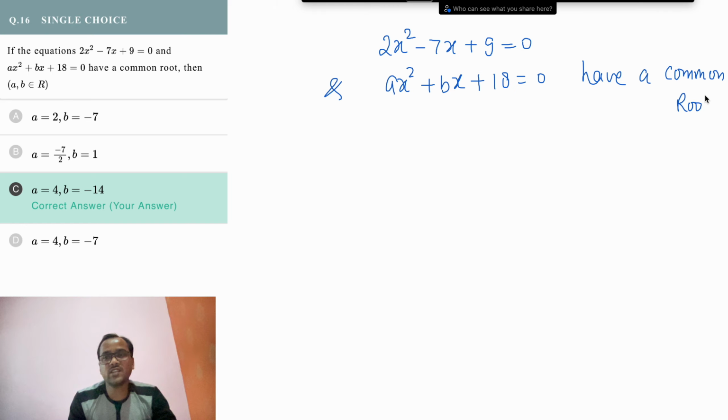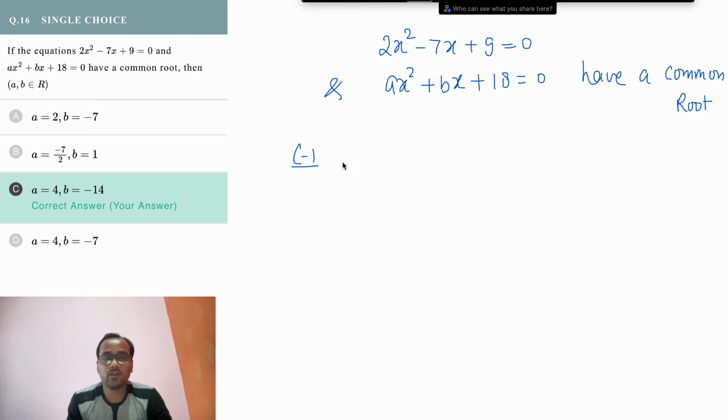Students, if they are saying have a common root, it means either exactly one common root or both roots common. So we will be dealing with this kind of question in two cases. Case 1, if exactly one root is common for those two equations. Case 2, when both roots are common.